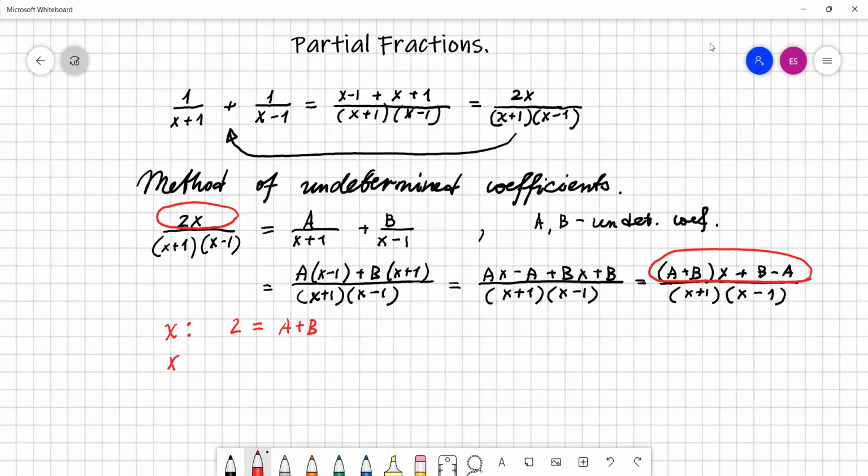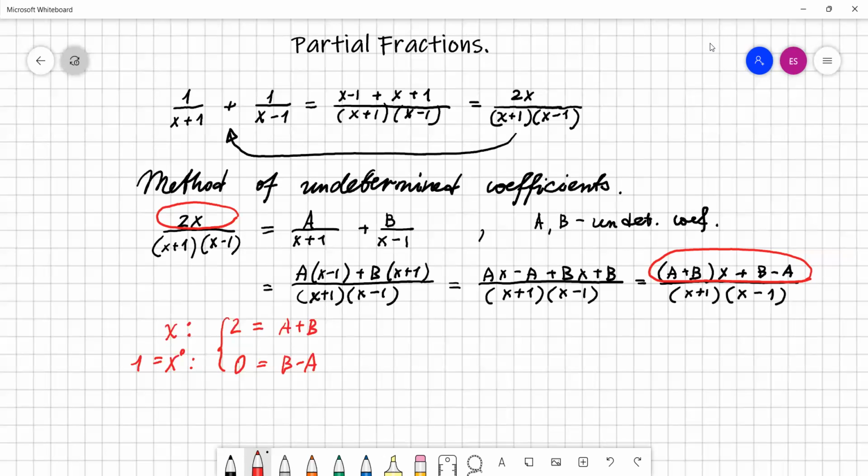And my coefficient of x to the power of 0, which is just 1, right? Here it's 0. There is no free term. And here it is b minus a. And we have to solve these two equations together. That's exactly what we learned when we learned systems of linear equations, right?